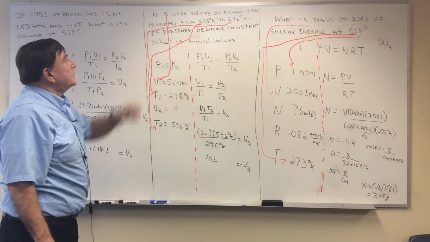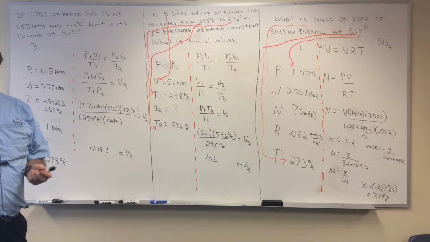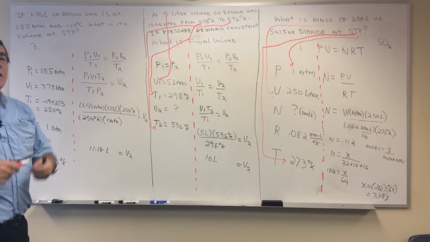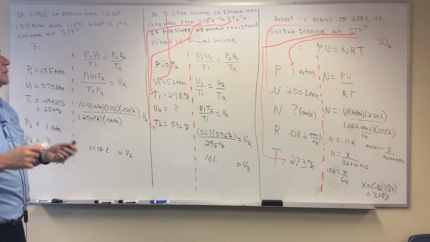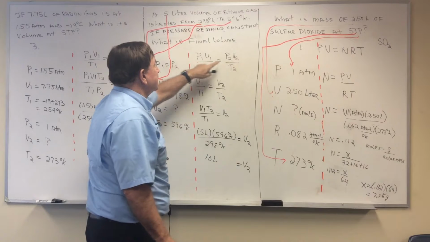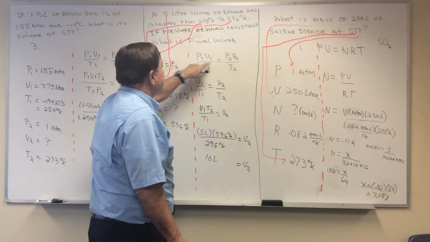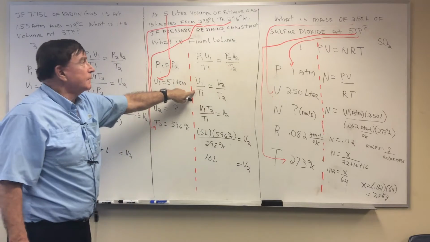The next thing is pressure remains constant. What does that mean? It means pressure 1 equals pressure 2. So therefore, there's going to be no change in pressure. This equation implies a change in pressure. When there is no change in pressure, these two are eliminated and you get this new equation.